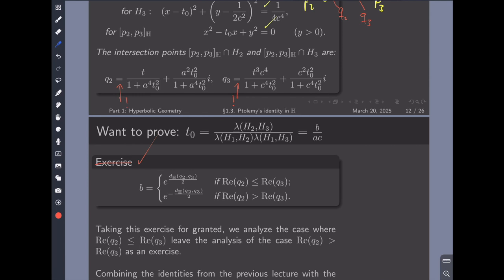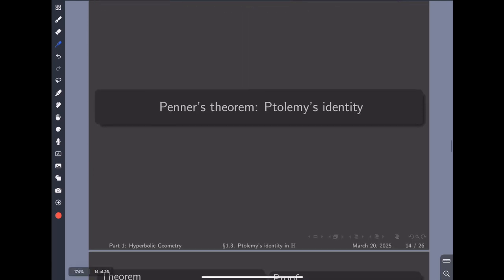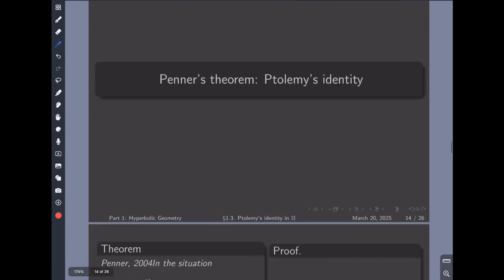Because later in his book on decorated Teichmüller theory, Penner says, okay, whatever computation I'm doing now corrects the mistake in the other paper. So I think that's kind of what happened. Anyway, yeah. So finally, Ptolemy's identity.